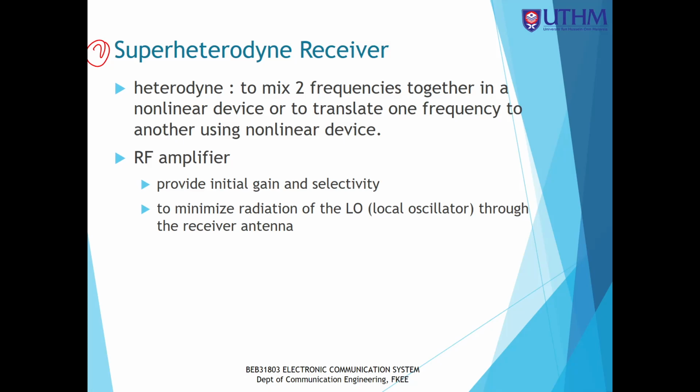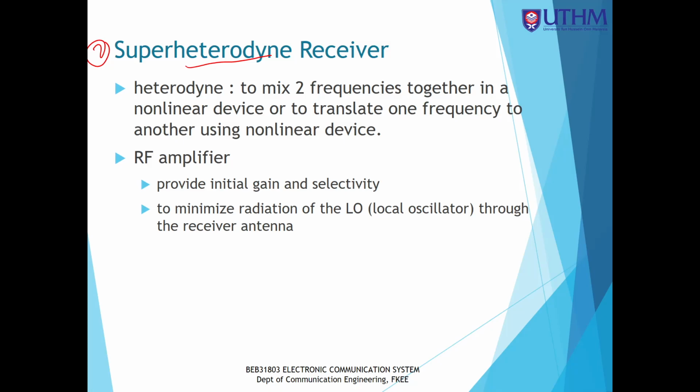So the super heterodyne receiver is the second type of AM receiver. The word heterodyne means mixing two inputs, so it uses the concept of mixing, and it consists of many phases of blocks, a block diagram.